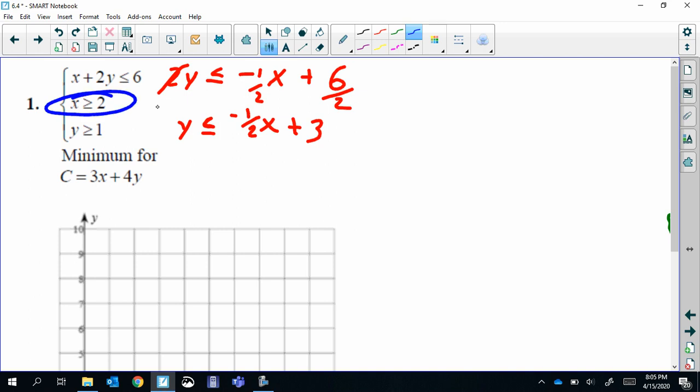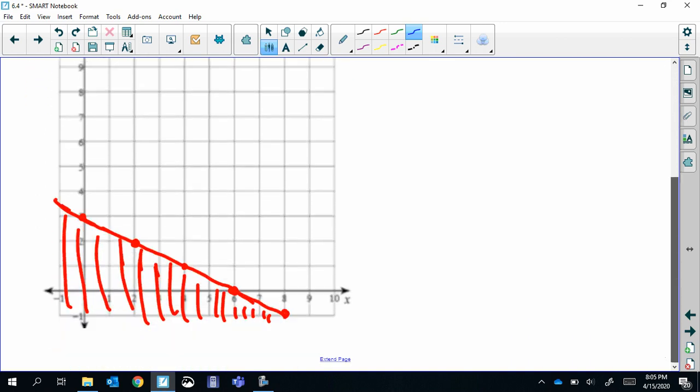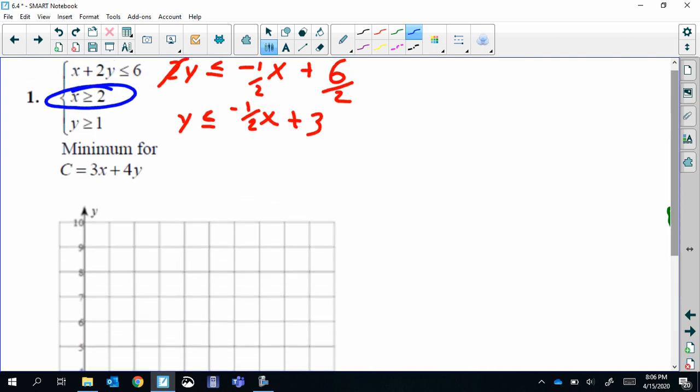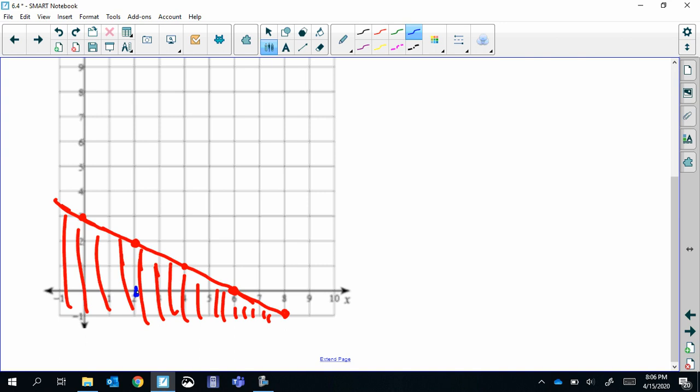Our other 2 equations: x is greater than or equal to 2. So x equals 2 would be a line that goes through x equals 2. So here's x, here's 2, straight line through that. And all of these are solid lines. So a straight line through 2 is going to go straight up and down.